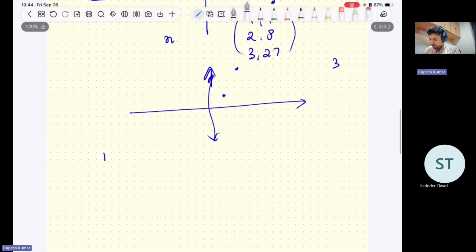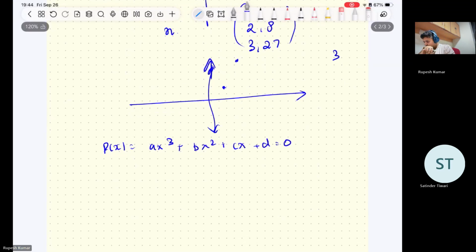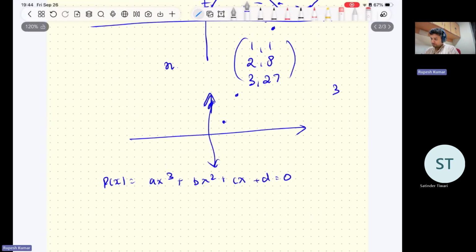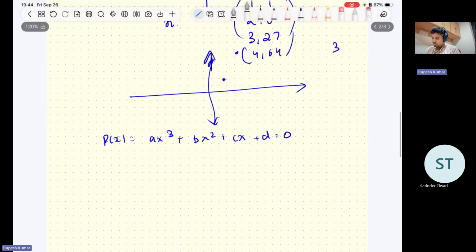I can always define a polynomial curve as ax cubed plus bx squared plus cx plus d. Actually, you need 4 data points for this, so 4 comma 64.